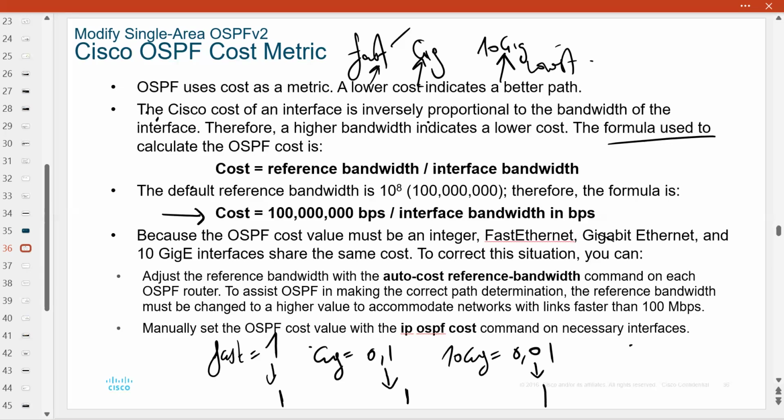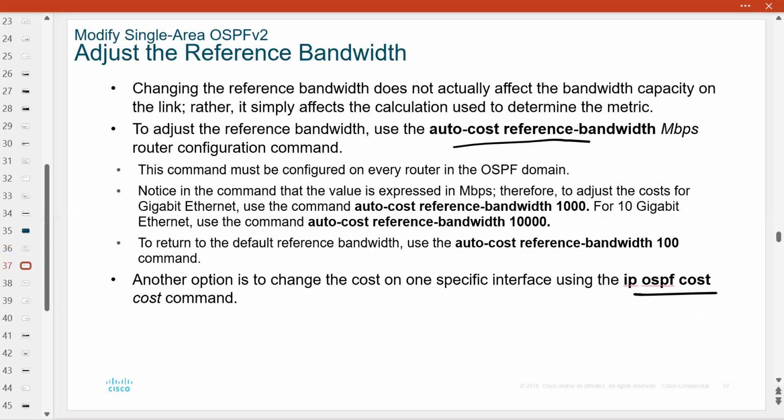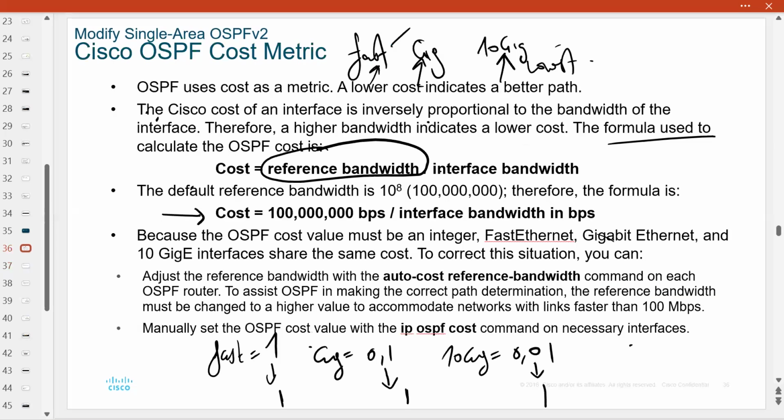And how is it changed? It is changed by changing this value here. We change the default from 100 megabits to another value.